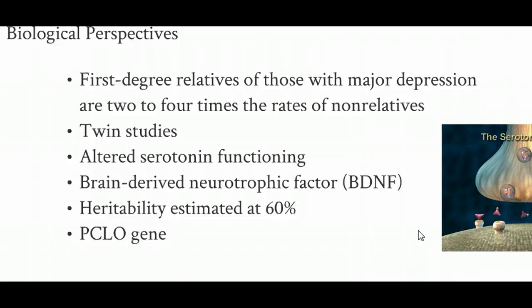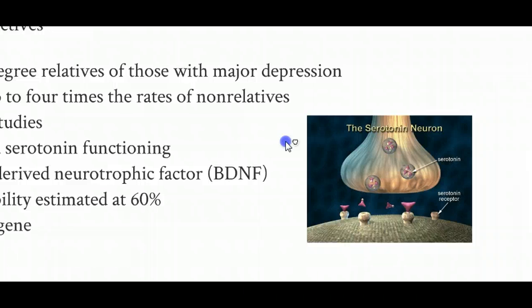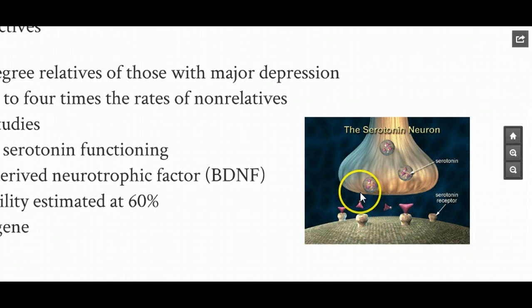And lots of different neurotransmitters like serotonin have been linked to depression. The idea is that there's a decrease in the functioning of those neurotransmitters, and that's how we treat the disorder, by administering drugs that would increase levels of serotonin in the synapse.